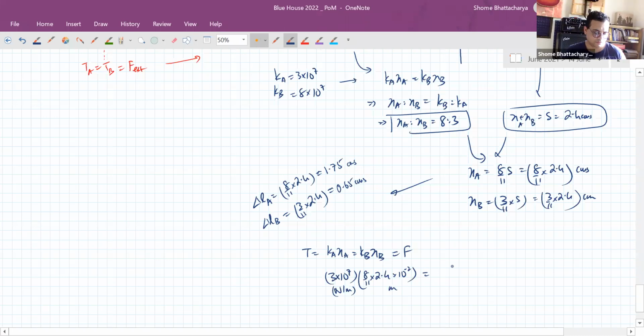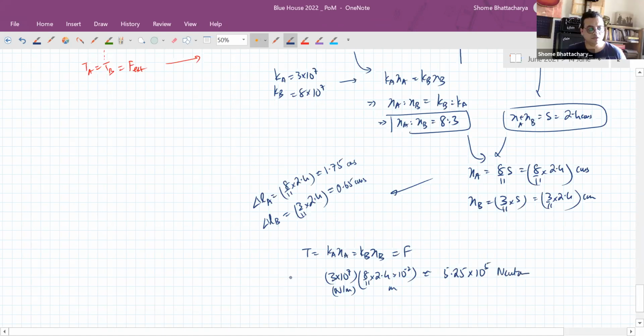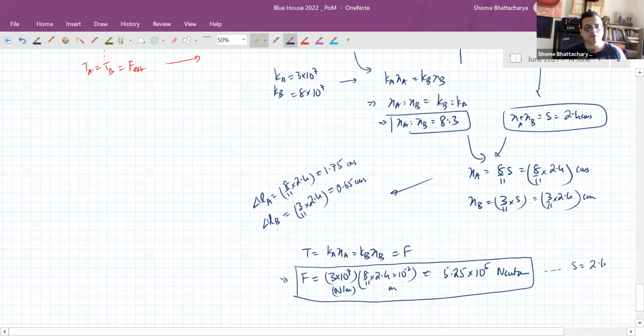So this is the kind of external force we'll have to apply. This kind of external force will create that displacement of the point of application of force by 2.4 centimeters, which will create the individual compressions of delta La and delta Lb, and further the individual potential energies and all that.